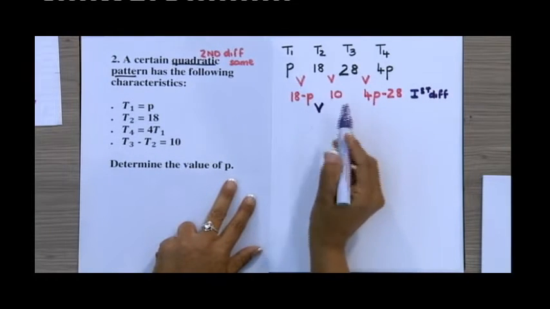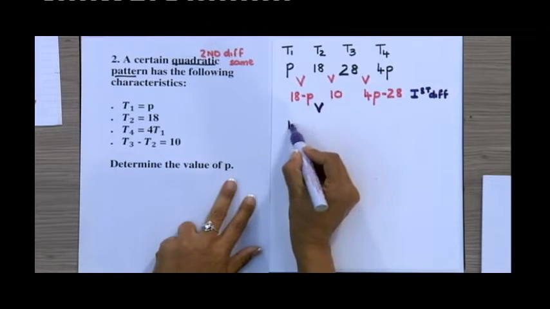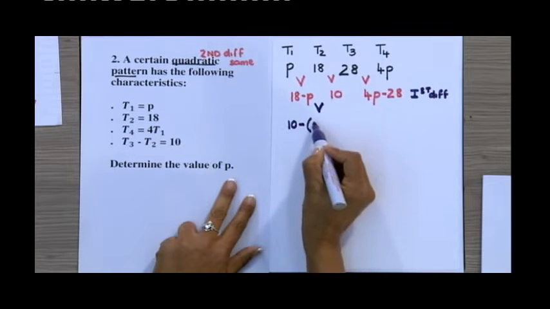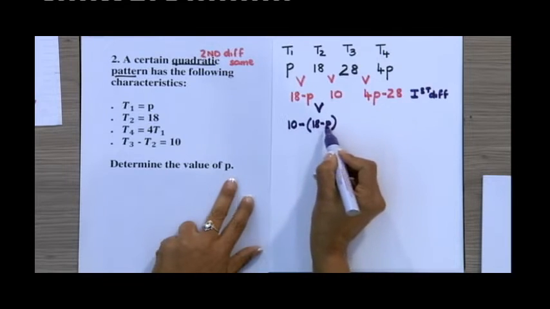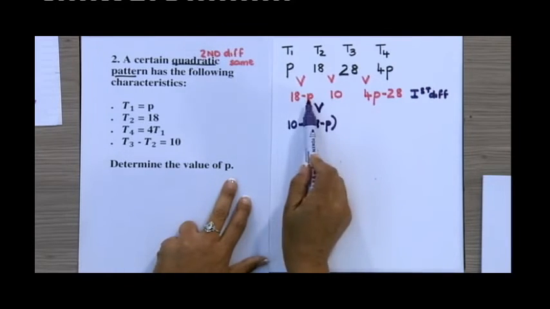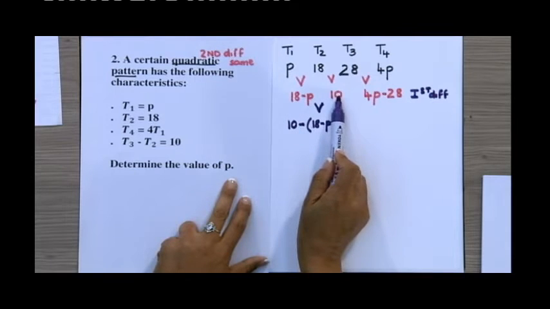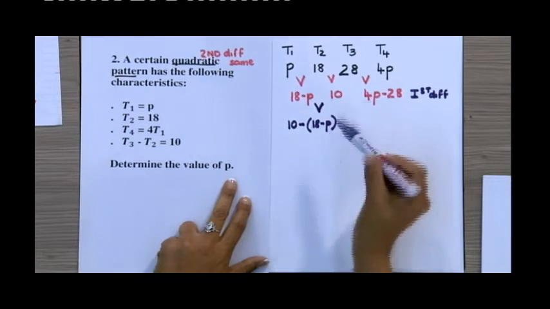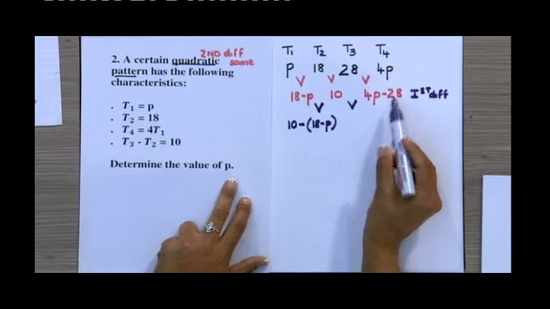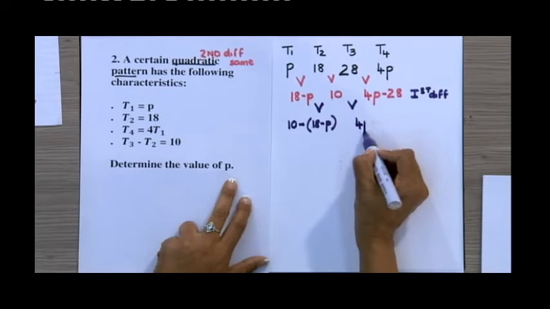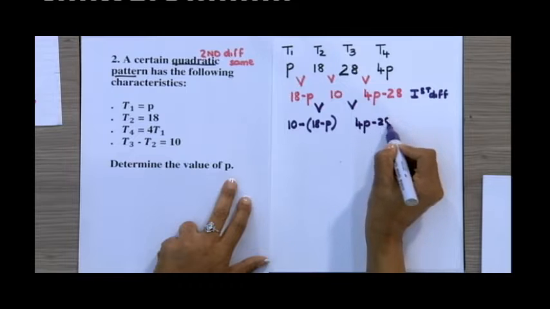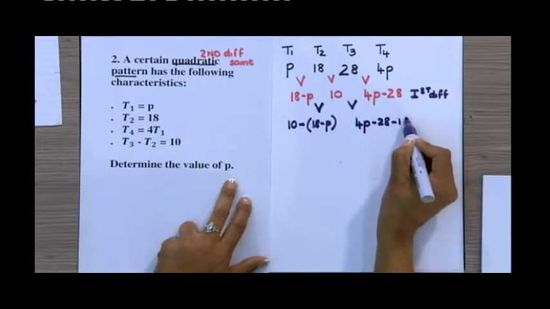So the second difference here will be 10 minus (18 minus P). Remember, put this 18 minus P in a bracket because it's two terms. So it's term 2 minus term 1. Now I have 10 minus that. Now I'm going to say it's 4P minus 28 minus 10.